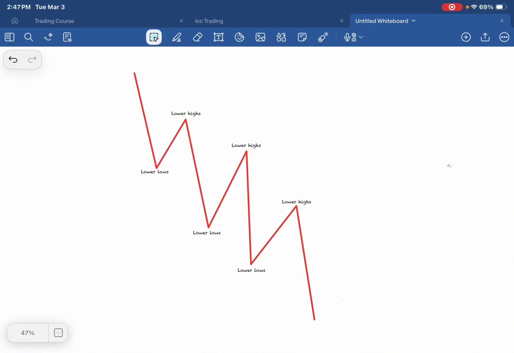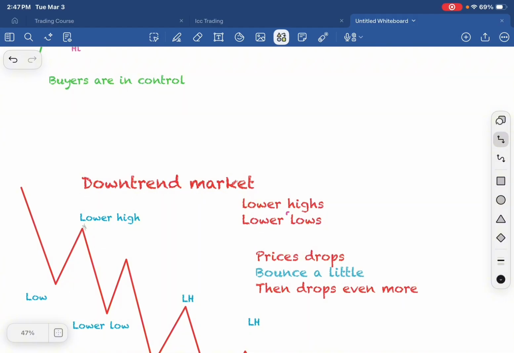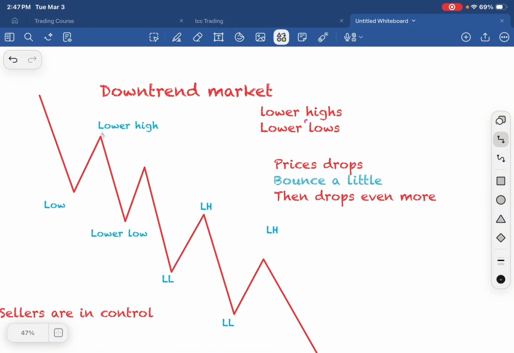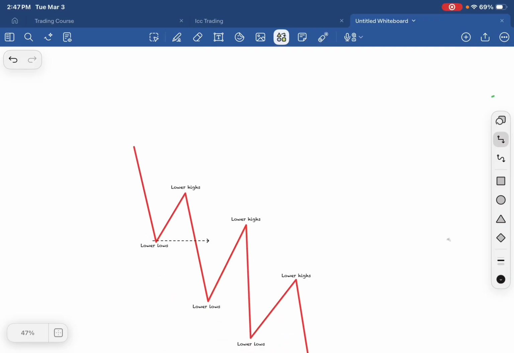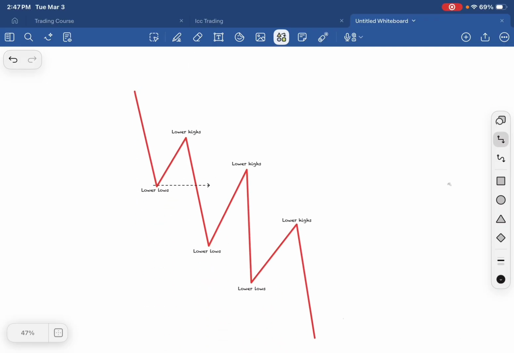Alright? So now I'm going to go a little bit in depth and explain how this moves. When the market is in a downtrend, it will bounce back and go down even more. It's going to go down even further. So the bounce creates a low, because you have to create a low before you can create a lower high.